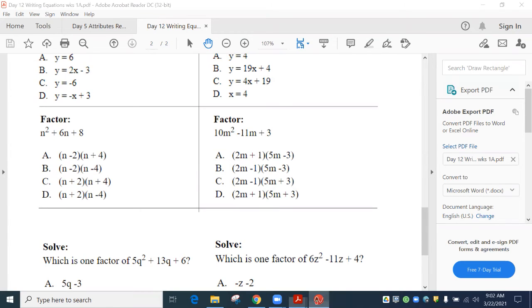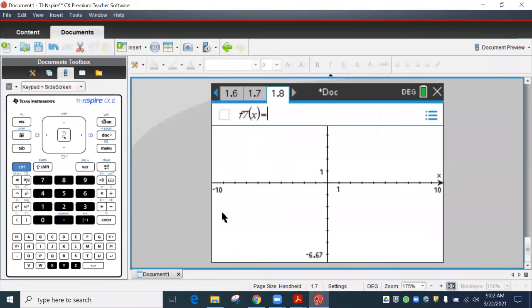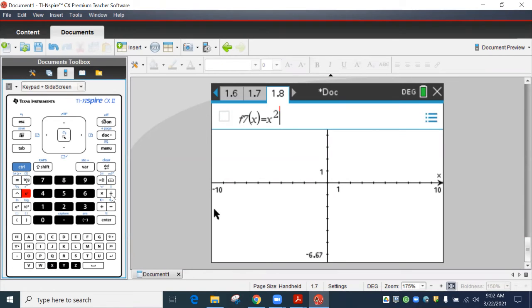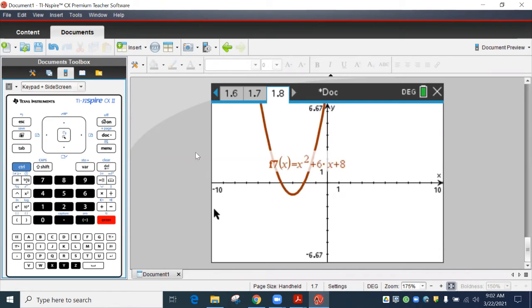I want you to open up a brand new graph, and we're going to type in x squared plus 6x plus 8. Now, one of the things that hopefully at some point you're being taught is these are called zeros right here, where it crosses the x-axis.